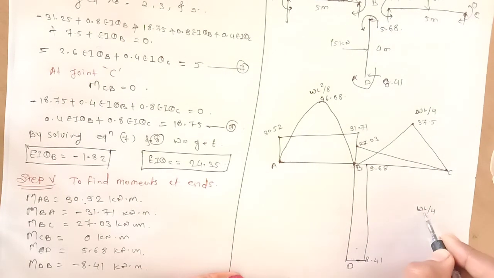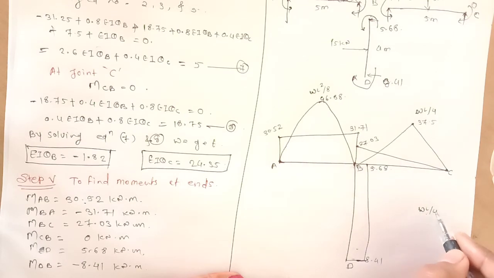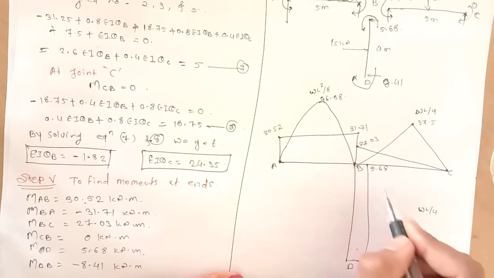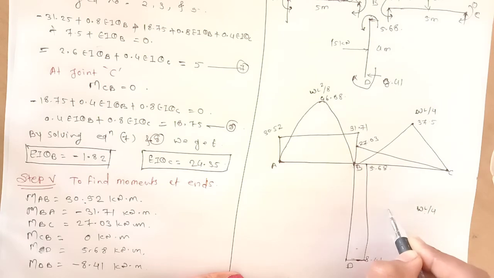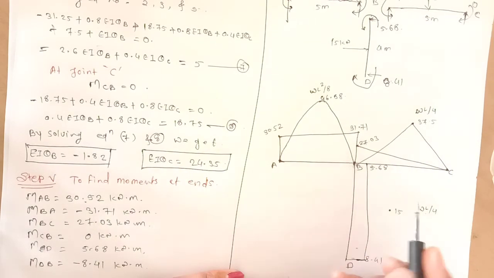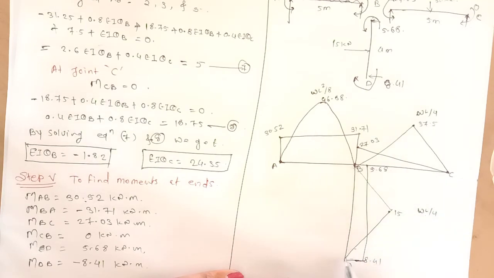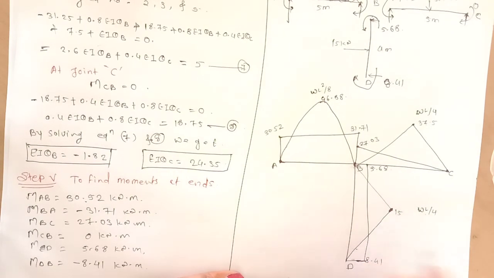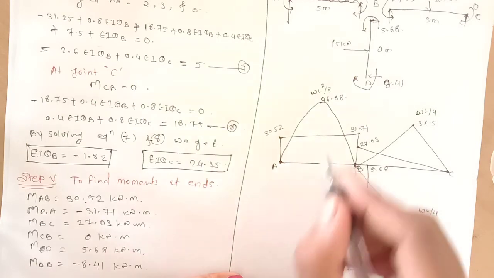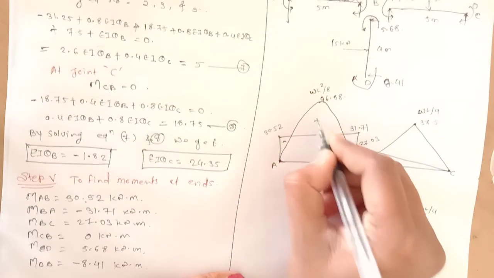So here 15 multiplied by 4 divided by 4. So the 4 gets cancelled. So the answer is 15. So approximately here. So this is our bending moment diagram.